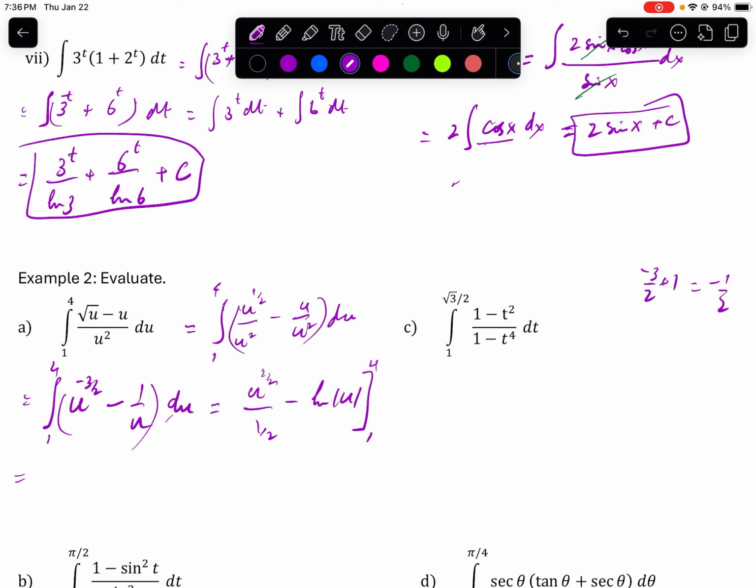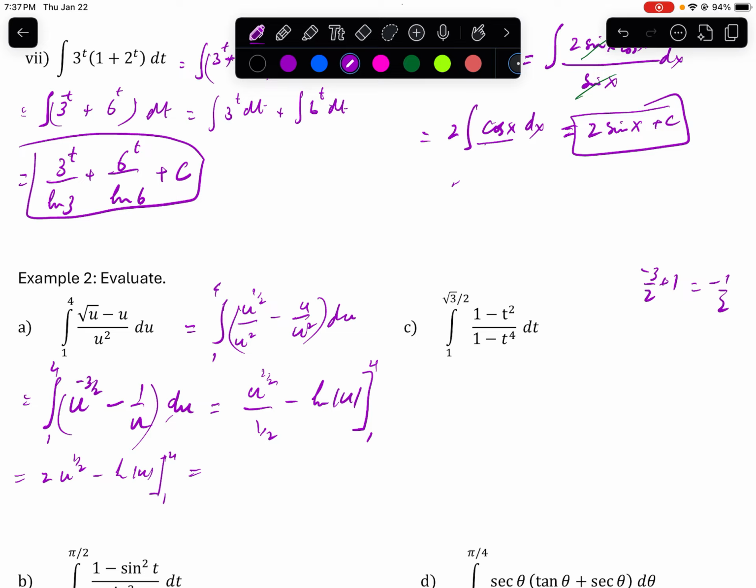So this will become 2u to the 1/2, and minus ln of u will stay like it is, and then the limits are from 1 to 4. Now first I plug in the 4.